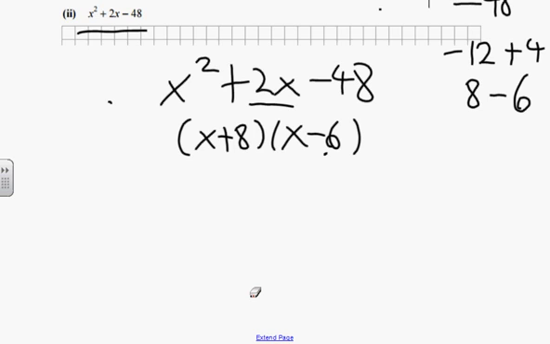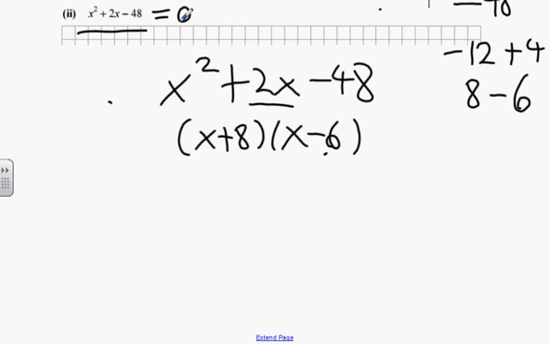How many people got that? Charlie was asking me, do I not write down x equals something? Let me explain. Charlie's reading into it as a solved question.